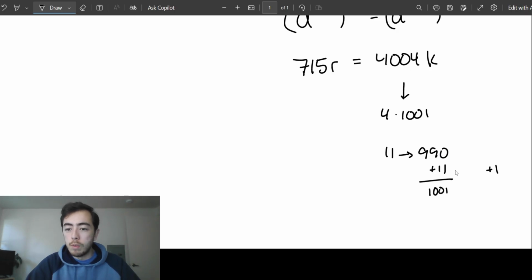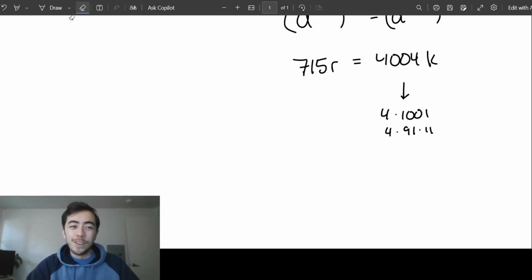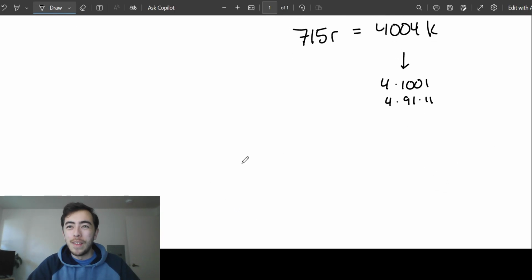So this 1001 is equal to 91 times 11. And then 91, earlier in this year I thought 91 was prime, and it's not. 91 is the same thing as 7 times 13. So now we have the full prime factorization of 4004, still times this k.